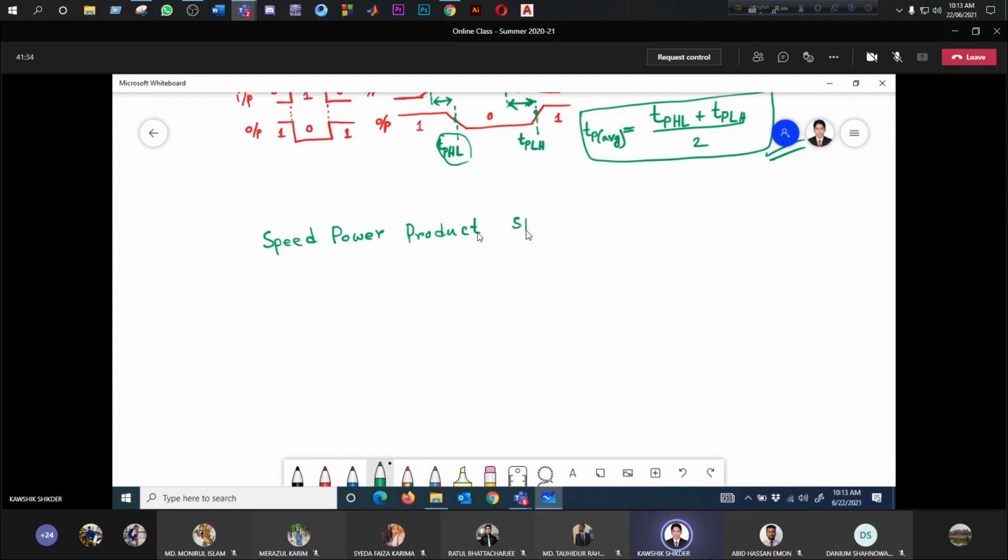So speed power product, or simply SPP. Product means the multiplication, and speed means propagation delay, TP, and power means power dissipation. Noted everybody? Speed power product.